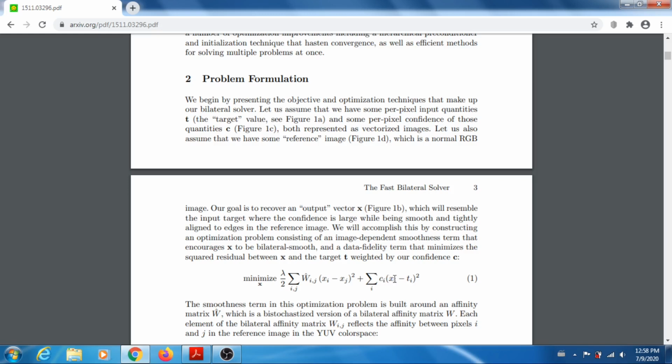If you don't have the smoothing term, if C equals 0, so low confidence, X can take any value really.